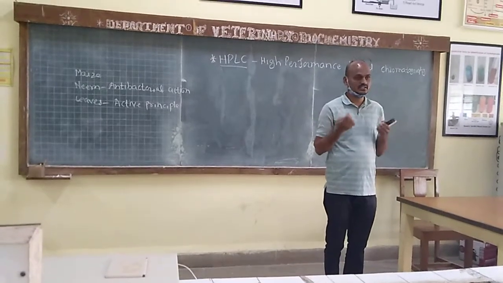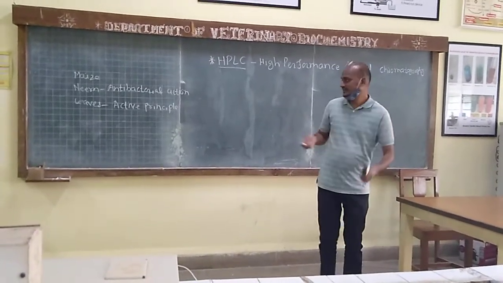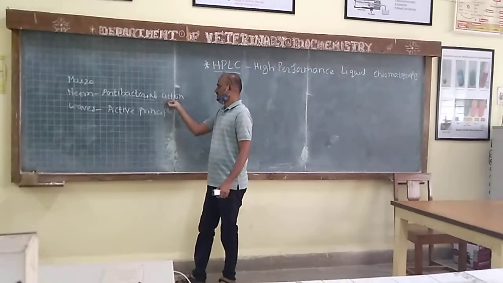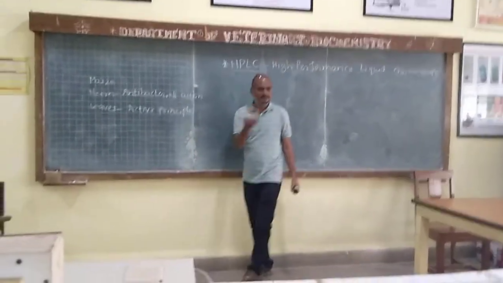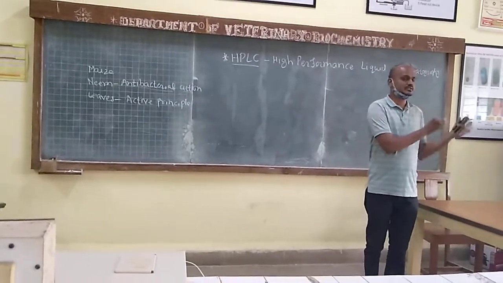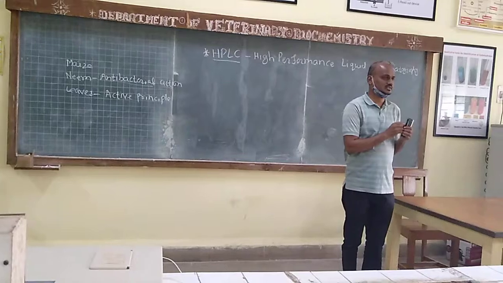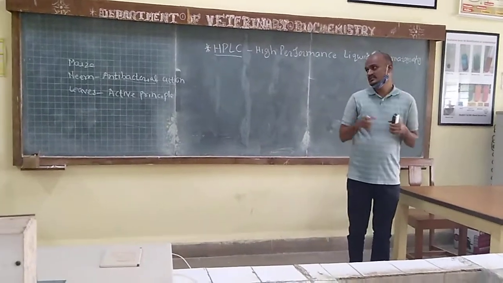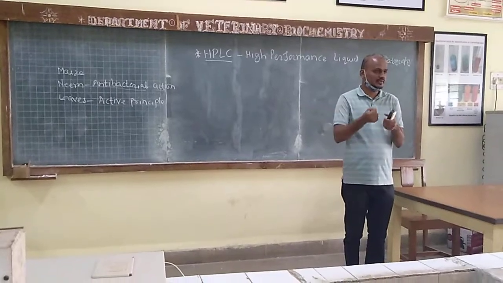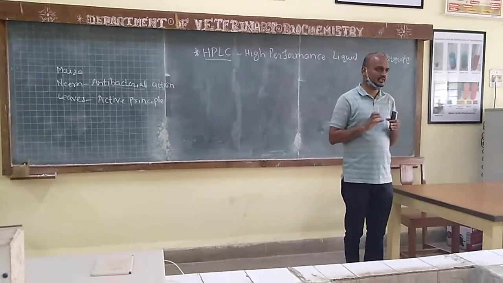It may have thousands and thousands of components. And when we say neem has antibacterial property, sometimes if you feed neem as such, it may give some adverse reaction, some side effect, right? So you have antibacterial property, but we want to specifically harness that antibacterial property.